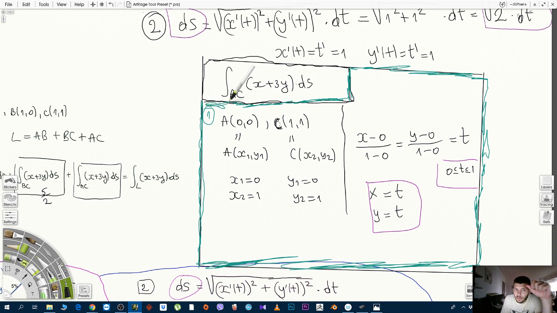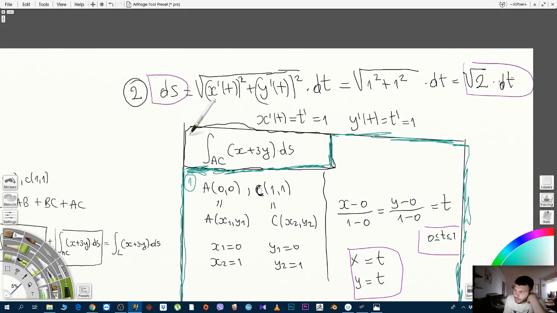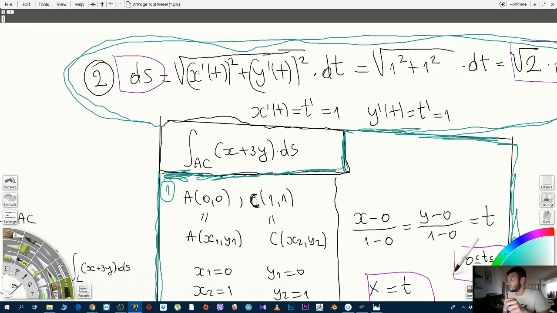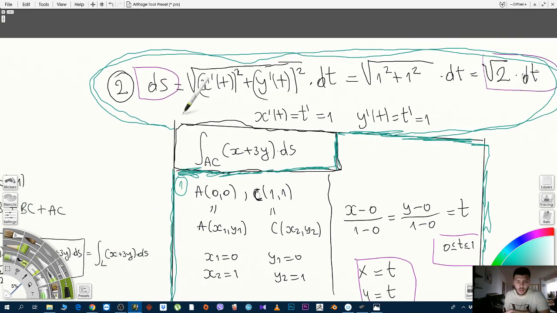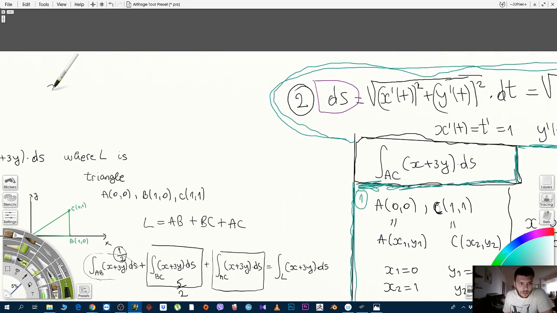This in green line is our parameterization of the straight line, curve, whatever. This was our second step, and let's do the third step.